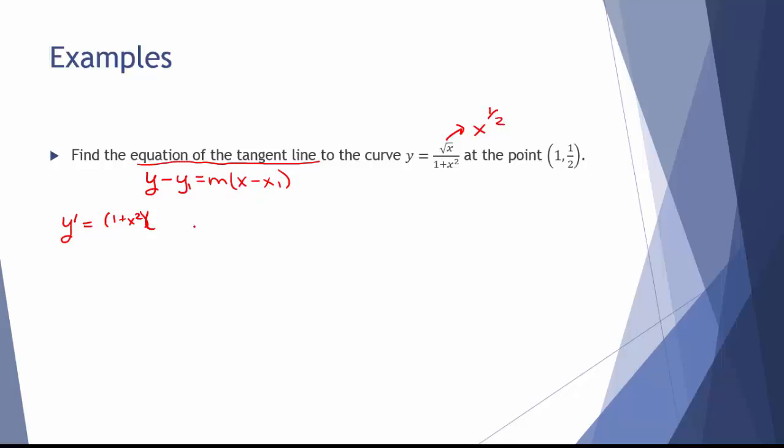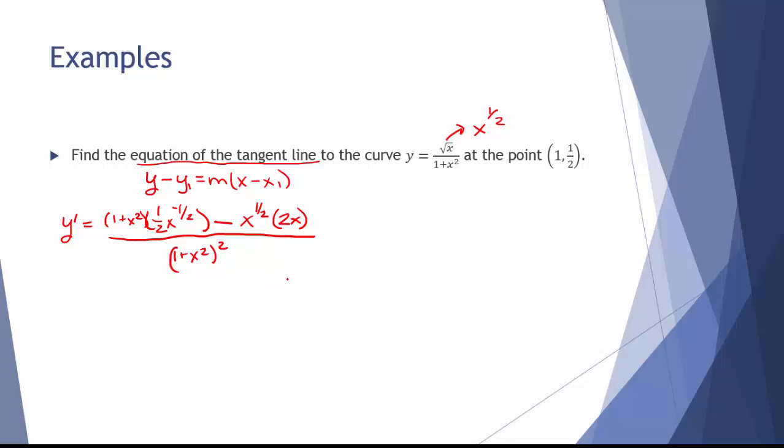So its derivative will be 1/2 times x raised to the 1/2 minus 1, or the negative 1/2. We then need the numerator, x to the 1/2, times the derivative of the denominator. The derivative of 1 is 0, and the derivative of x squared is 2x, all over the denominator squared, 1 plus x squared squared.